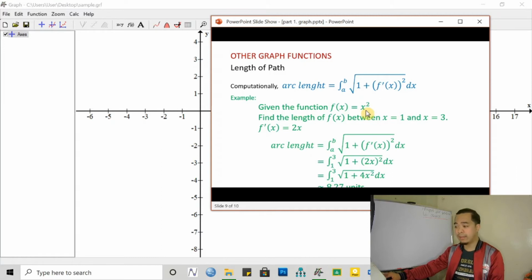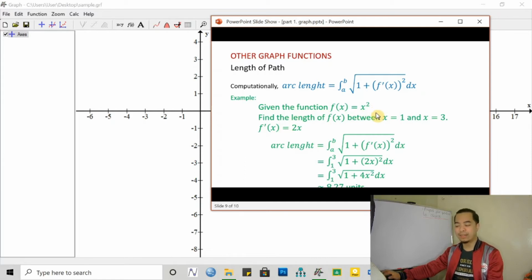So we have a function, a very simple one. It's actually quadratic. So this is a parabola. f of x equal to x squared. And we want to know the length of a path from 1 to 3. So the interval that is specified here is from 1 to 3. So before we can do that manually, we need to compute the derivative of x squared by the power rule.